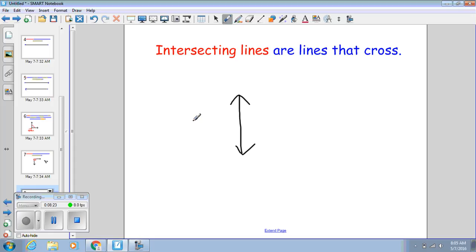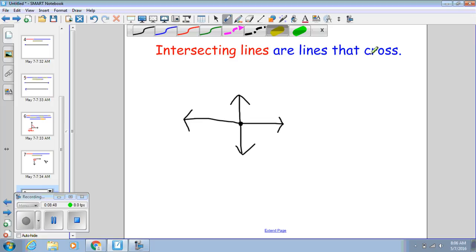Now I'm going to draw another line, and this line is going to cross this one. So these lines crossed. They crossed at this point here. Because they cross, they are considered intersecting lines. Let's get our highlighter. We have to remember that intersecting lines cross at a point.